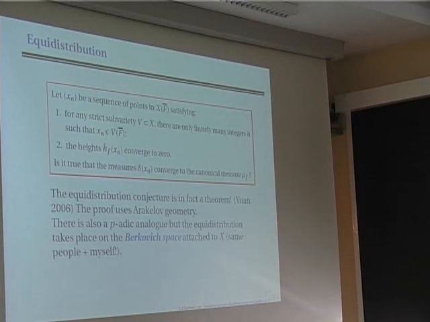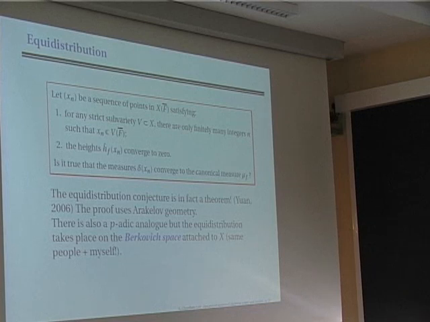In fact, the equidistribution conjecture is not a conjecture, it's a theorem now. But it was a conjecture some months ago, until I received a preprint in March by a student of Shou-Wu Zhang. And the proof of the general theorem uses Arakelov geometry. I should mention, and maybe I will talk a bit on that in the third talk, that there is a p-adic analog of this equidistribution theory.